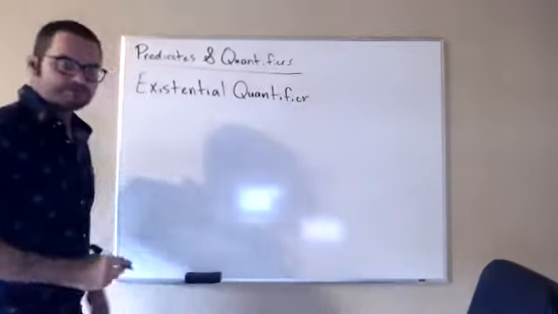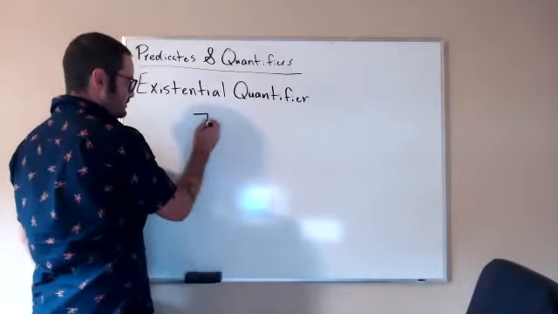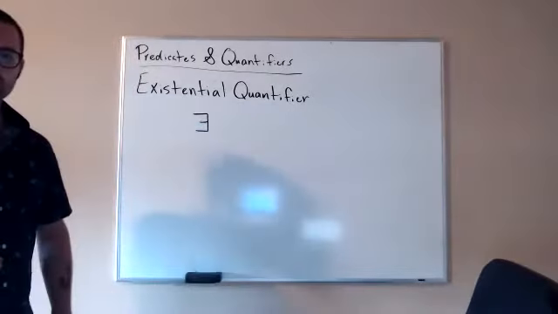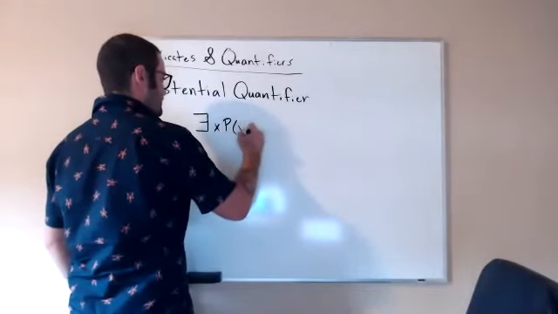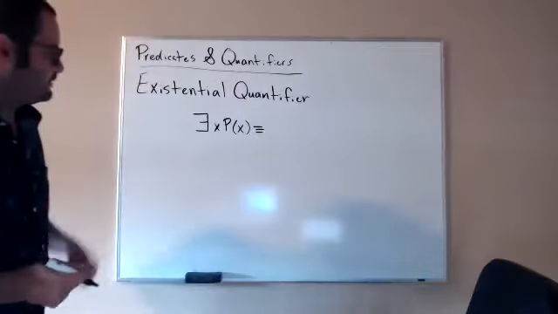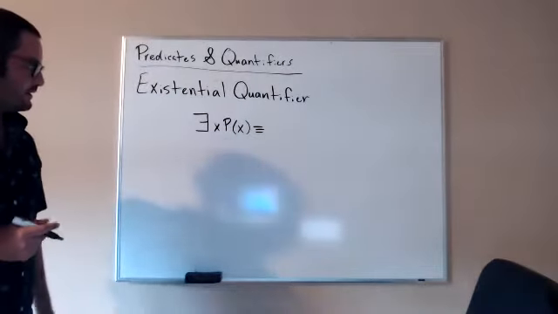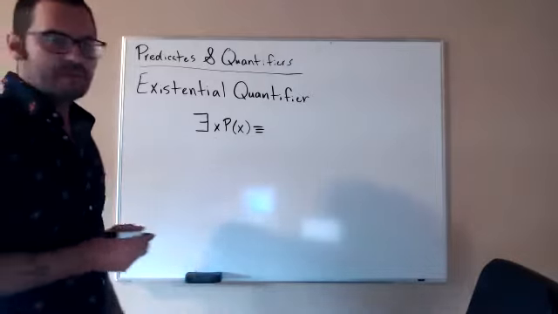Okay. So this symbol right here, that is the existential quantifier. And you can think of this as a list of disjunctions among all x in the domain.